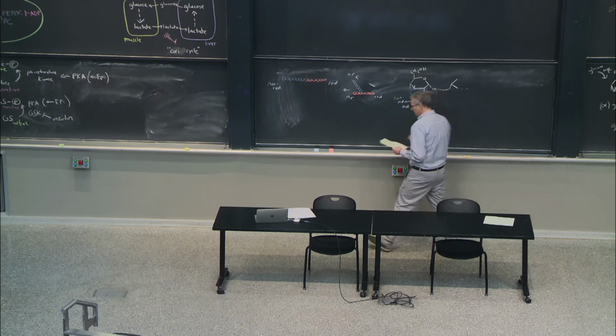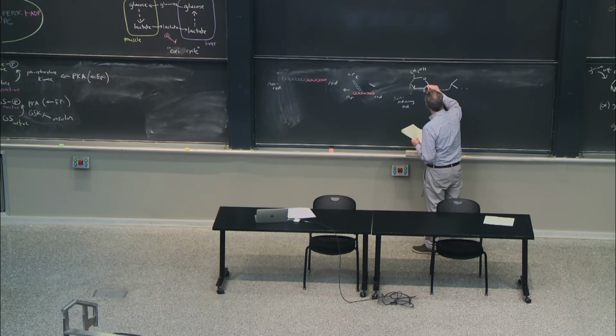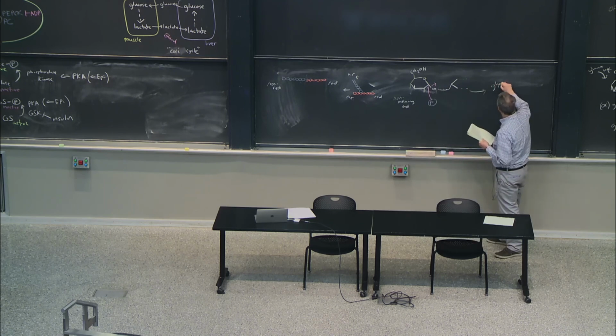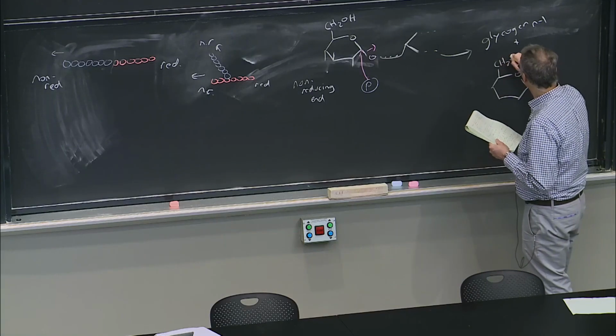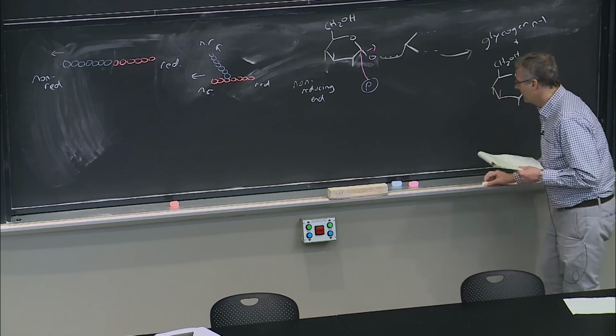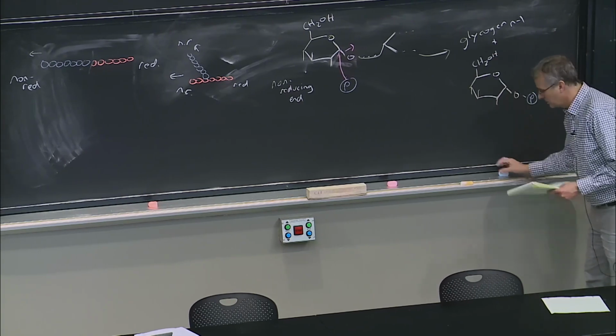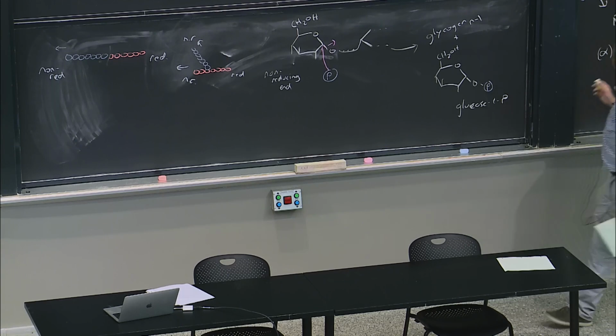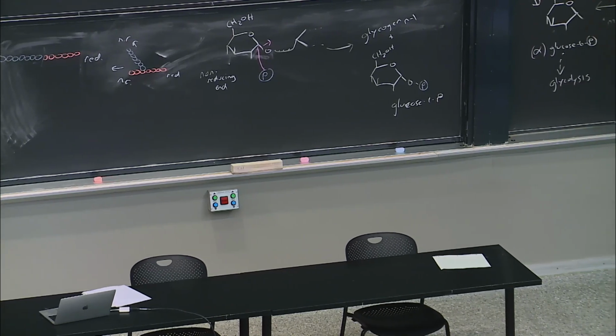You basically have a phosphate molecule that takes that off, so you have a glycogen N-1 plus glucose 1-phosphate, which can now undergo a mutase reaction back to glucose 6-phosphate.